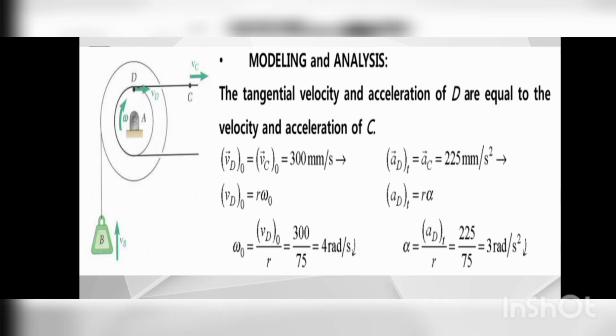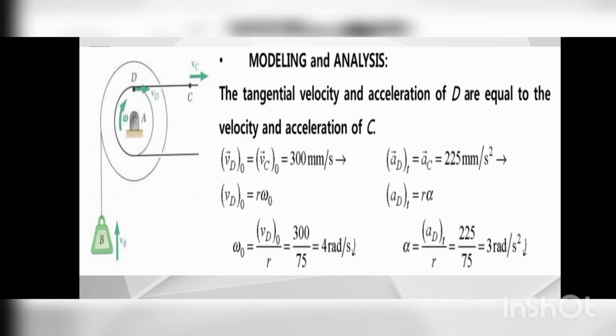So, modeling and analysis: since the tangential velocity and acceleration of D are equal to the velocity and acceleration of C, our tangential velocity of D is equal to 300 mm per second, and our tangential acceleration of D is 225 mm per second squared.